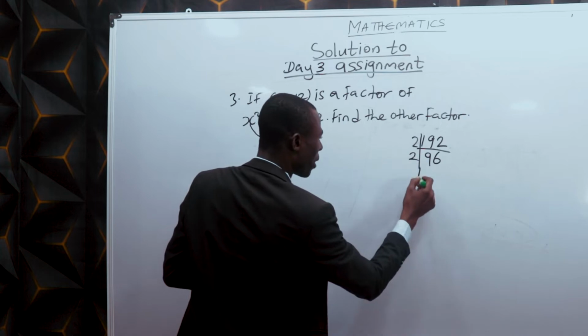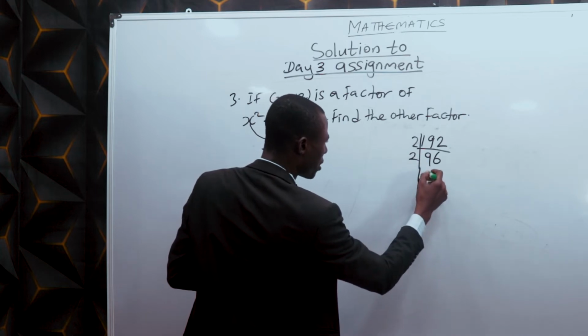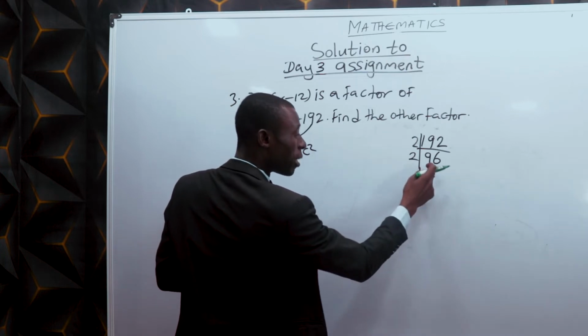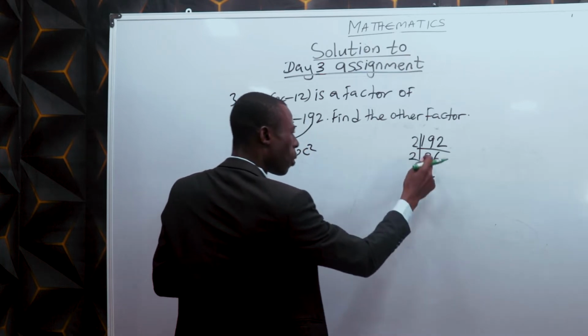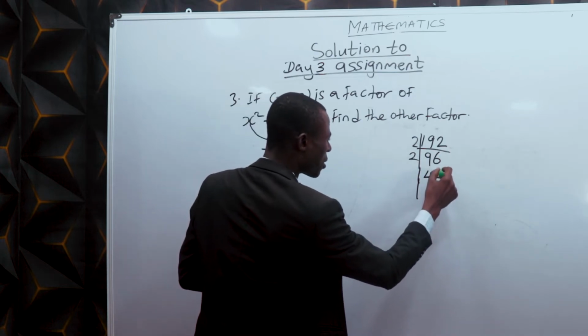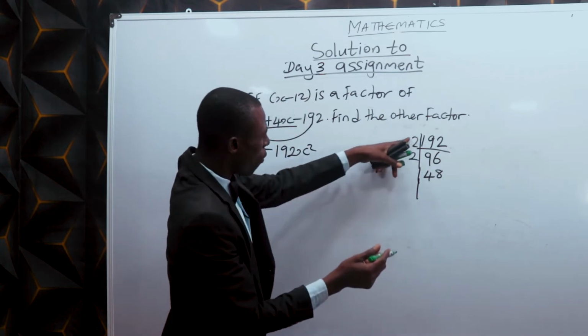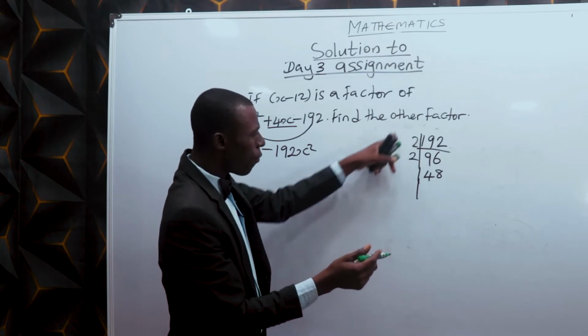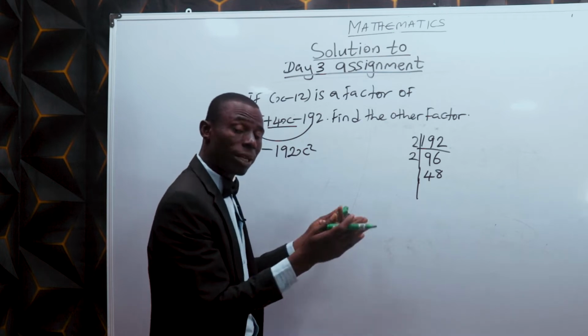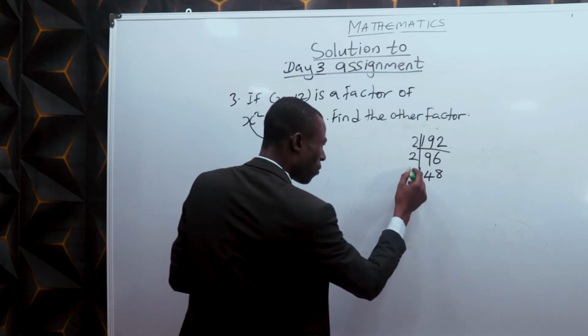Go ahead, breaking them. 2 in 96, this is 48. 2 in 16, that's 8. Can 4, because 2 times 2 is 4, and 48 give us 4 by addition or by subtraction? No, it's not possible. It's far from it.